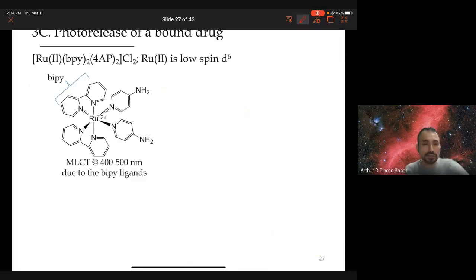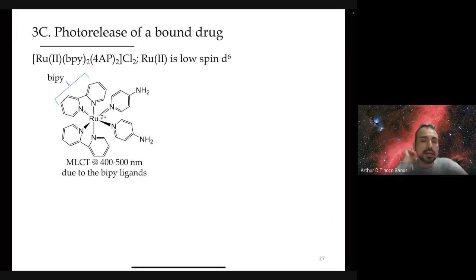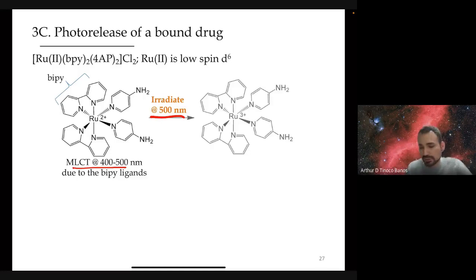All right. So let's go back to the ruthenium compound with the bipy and the AP ligands. So there is a metal to ligand charge transfer at 400 to 500 nanometers. You irradiate at 500 nanometers. Again, you want a longer wavelength, so further in the visible range. That then leads to an oxidation of the metal.